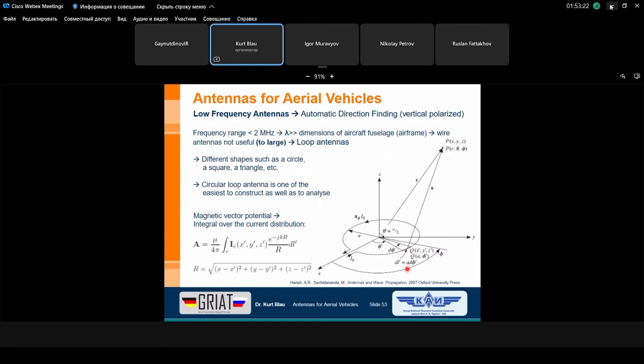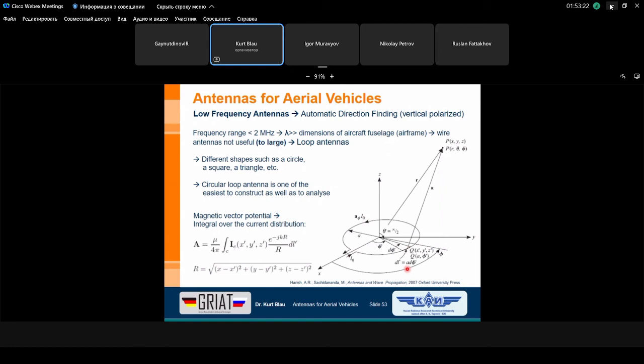Again, the current distribution around the circumference of this loop is constant, and so we can write it, applying the magnetic vector potential, in this way. Here we have the components in the x and y direction. This is the current at the origin. It's constant around the circumference, so it's not necessary to insert here an integral along the length.